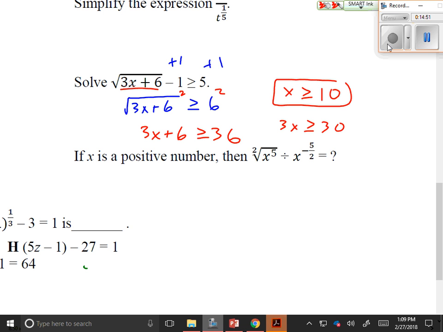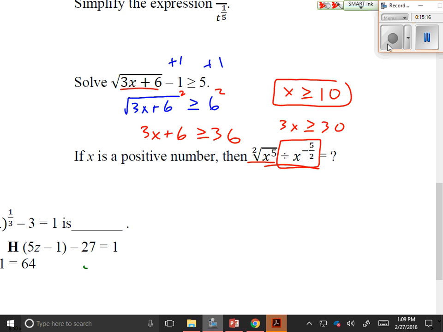Now, this one has a lot of junk going on. We got negative exponents, we got mixed radical and exponential form, we got division. So let's just figure out, what does this mean? You're dividing by x to the negative 5 halves. Let's put them both in exponential form.